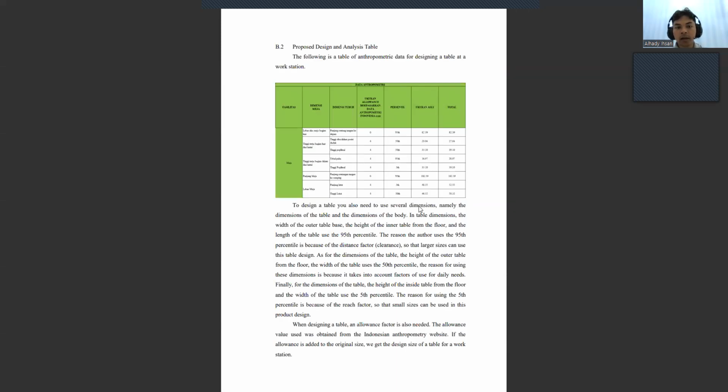B.2 Proposed design and analysis of the table. The following is a table of anthropometry data for designing a table at the workstation. To design a table, you also need to use several dimensions, namely the dimension of the table and the dimension of the body. In the table dimension, the width of the outer table base, the height of the inner table from the floor, and the length of the table use the 95th percentile.